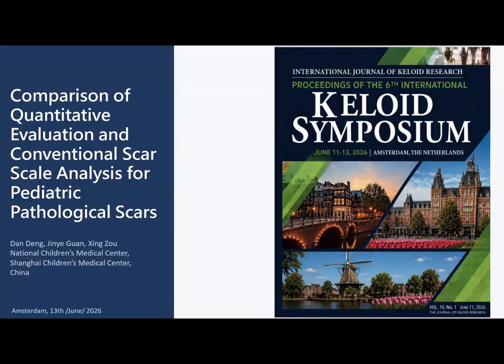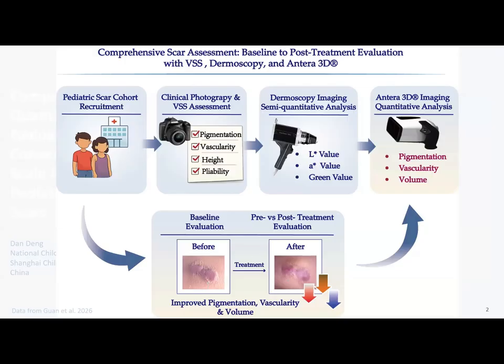Actually, we already published this spring our small study about the comparison of quantitative evaluation and conventional scar scale analysis for pediatric pathological scars. When we designed the whole study, we used first the image from the camera, and also dermoscopy, and also the Enter 3D imaging system.